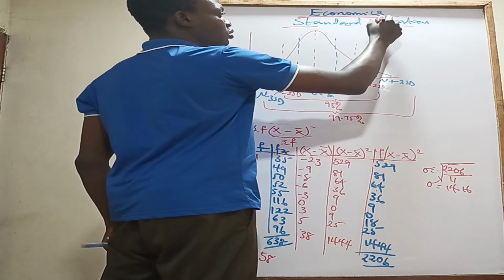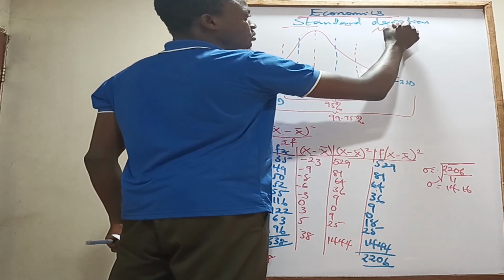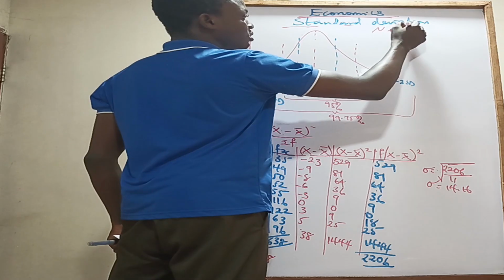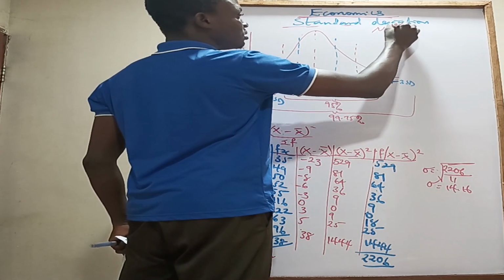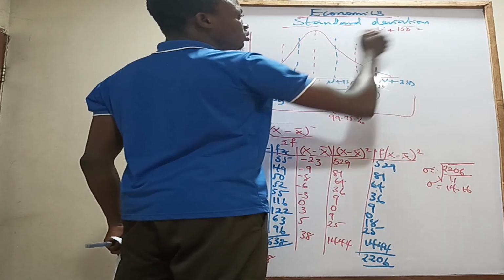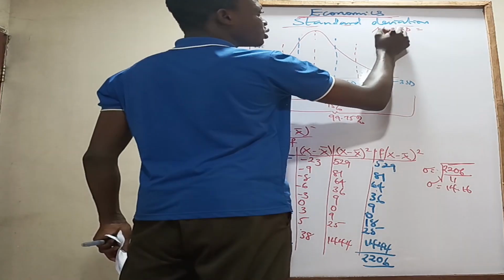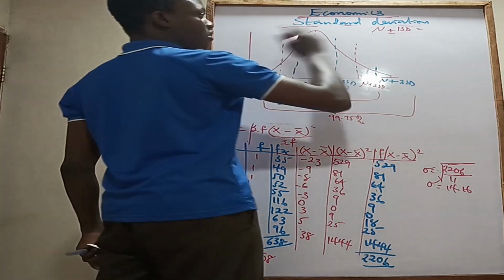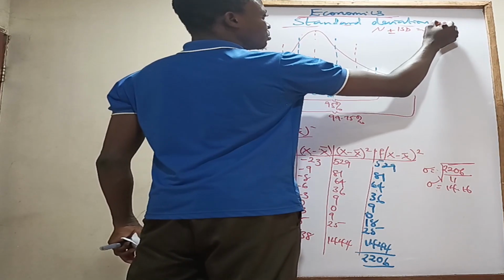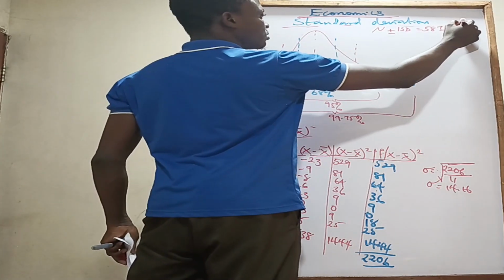So we have the mean plus or minus one standard deviation. So we have 58 plus or minus 14.16.